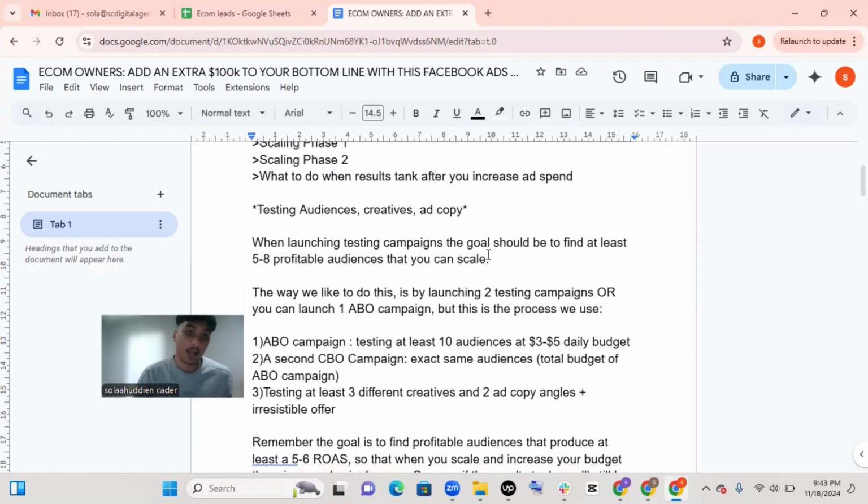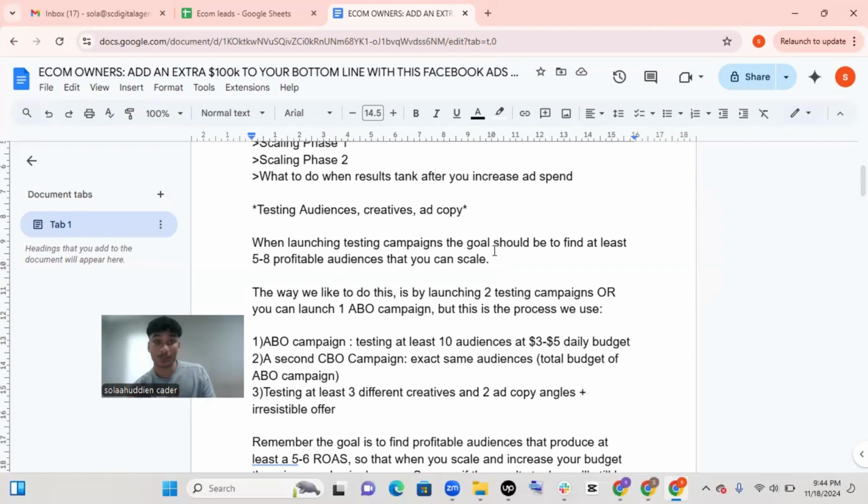Initially, what we do is we launch one campaign, depending on our budget. So let's say you have $100 per day for ad budget, or $1,000 per day, whatever the case may be. The goal is to find profitable audiences in the shortest amount of time, and to do that in the most profitable way.